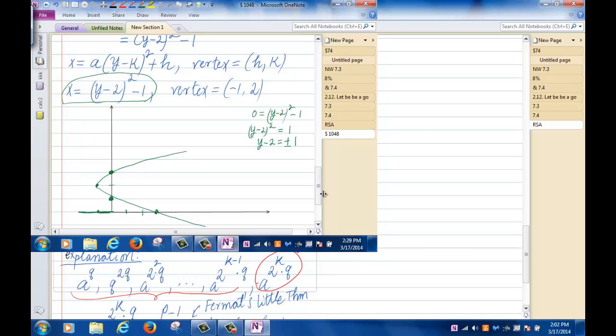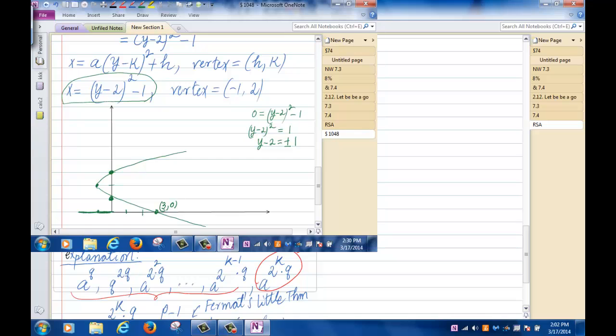The x-intercept is the point where the graph crosses the x-axis, so at that point, the y value is 0. That's why we are plugging in y to be 0. If I plug in y to be 0, I get x to be 3. So the point (3, 0) is the x-intercept.